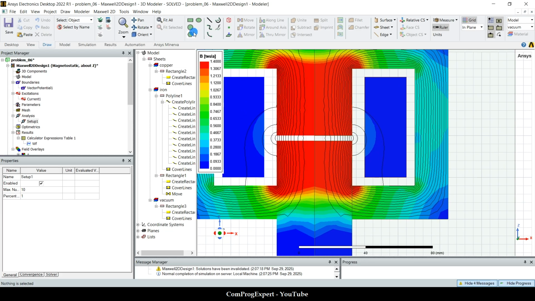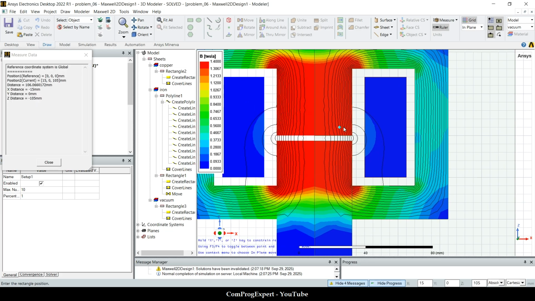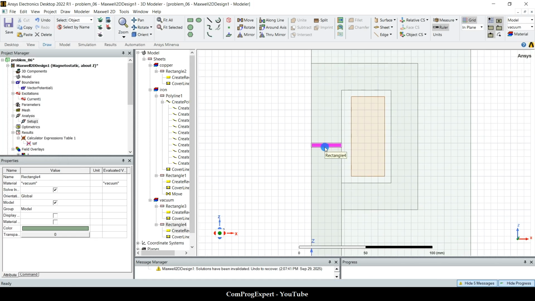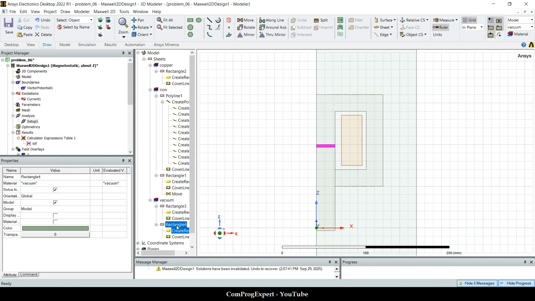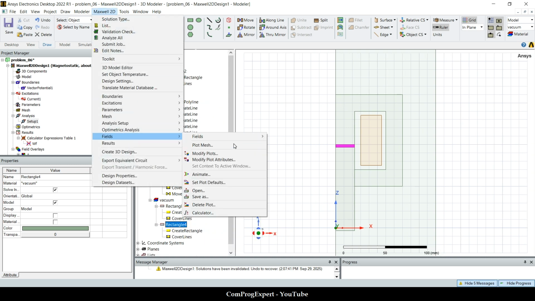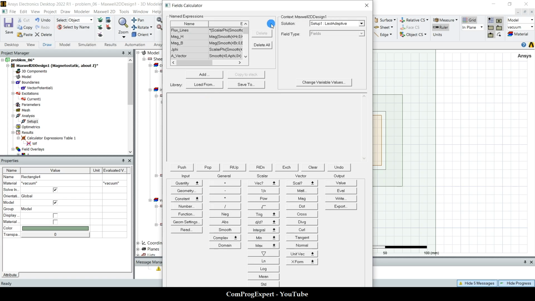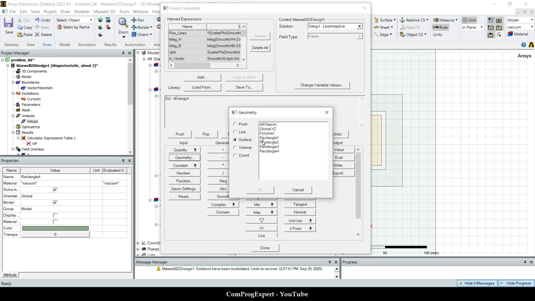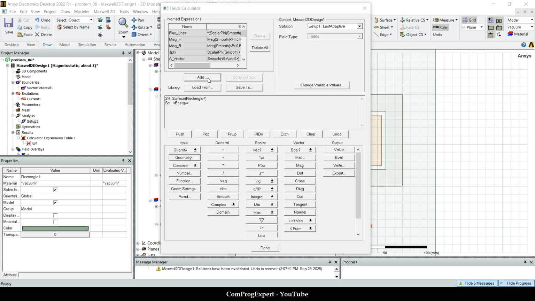What if I calculate the stored energy only in the air gap? So here, let's add a new object. This one, rectangle 4, and calculate the energy for this rectangle in the air gap. So again, in the calculator, we can add energy, geometry, rectangle 4.